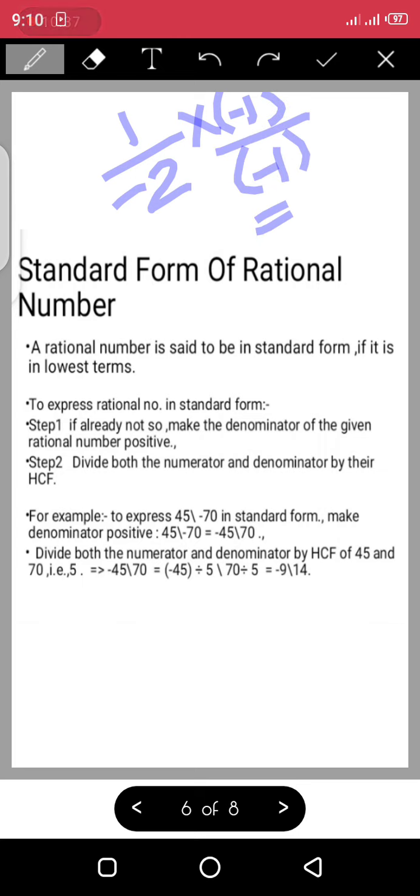So we will get minus 1 by 2. Here 2 is positive, so the denominator becomes positive. This we do as step 1.